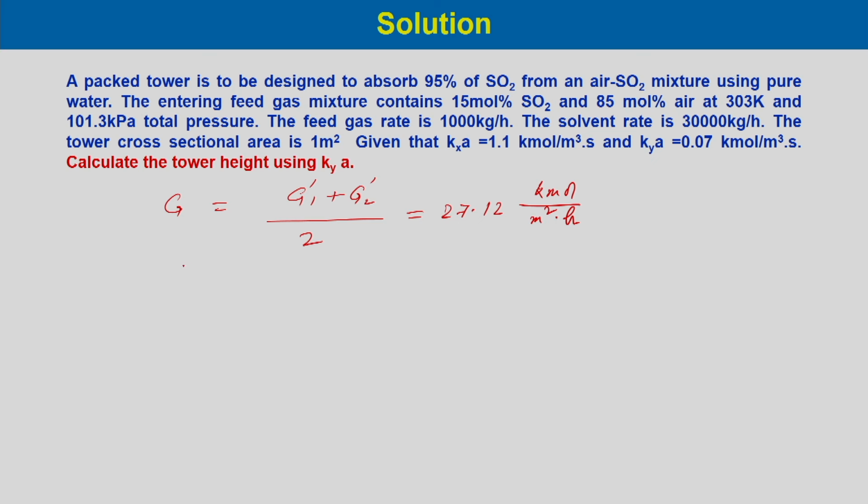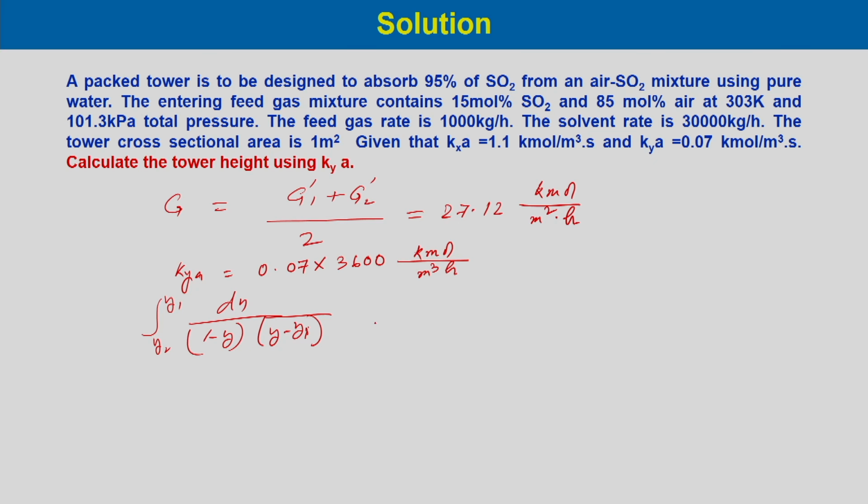So, kya is 0.07 into 3600 kilomole per meter cube hour. The area under the curve, that is the integral from y2 to y1 of dy by (1 minus y) into (y minus yI), is equal to 16.5.